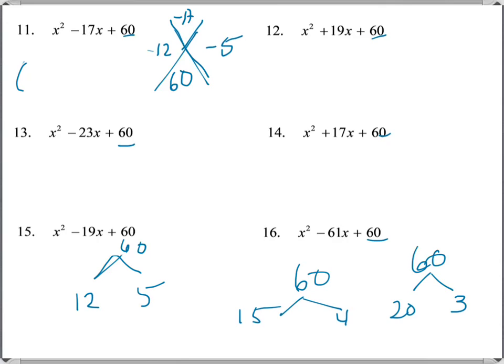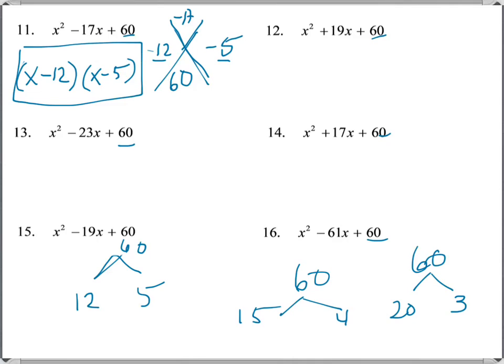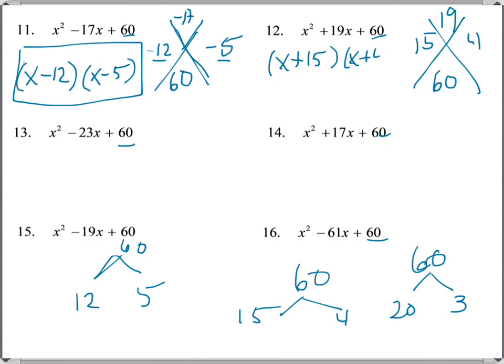So it's x minus 12 and x minus 5, because their sum is negative 17 and their product is positive 60. Okay. So positive 60 and 19. All right, so that's going to have to be the 15 and 4 factors. So we have x plus 15 and x plus 4 as the answer there.